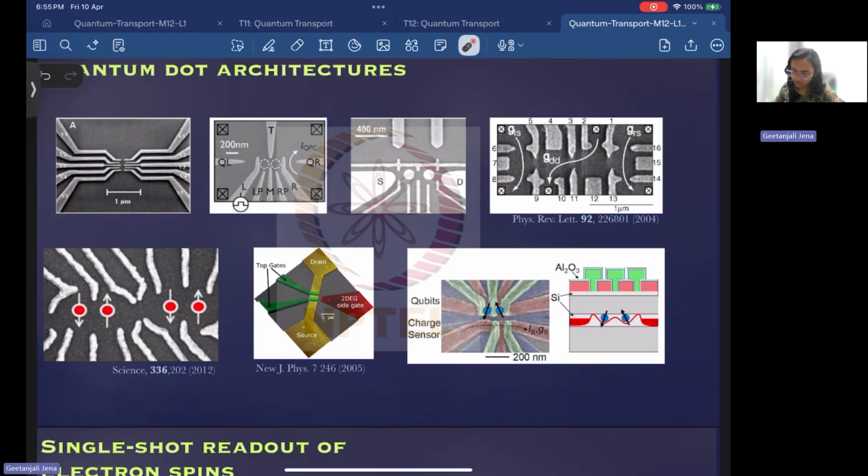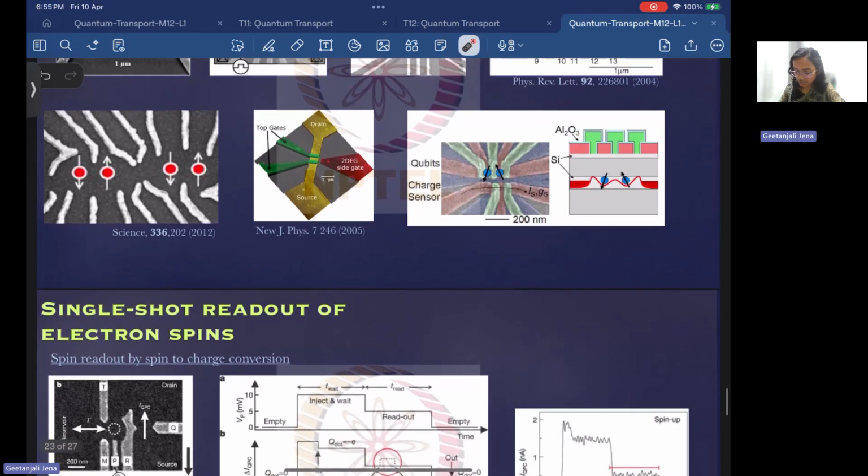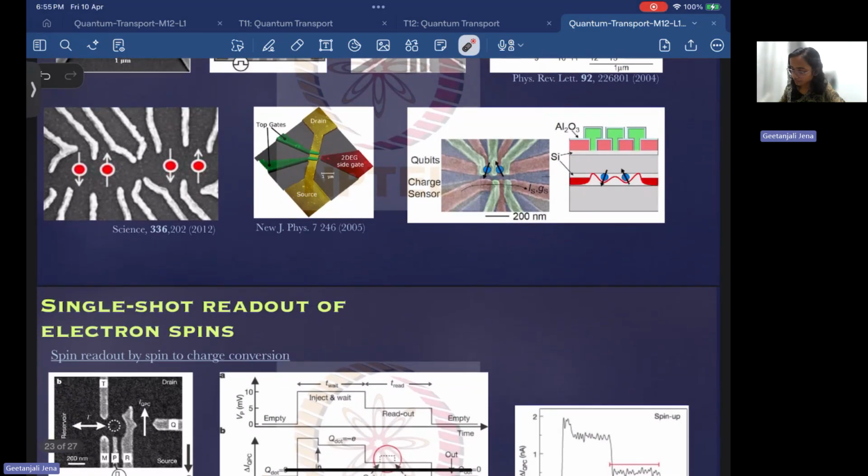In the next case, there is a readout device integrated to this gated quantum dot, which is the QPC. And the third case is also one of the variants of the second case. And in the fourth case, we have flexibility in controlling different types of gates to see the different tunneling events.